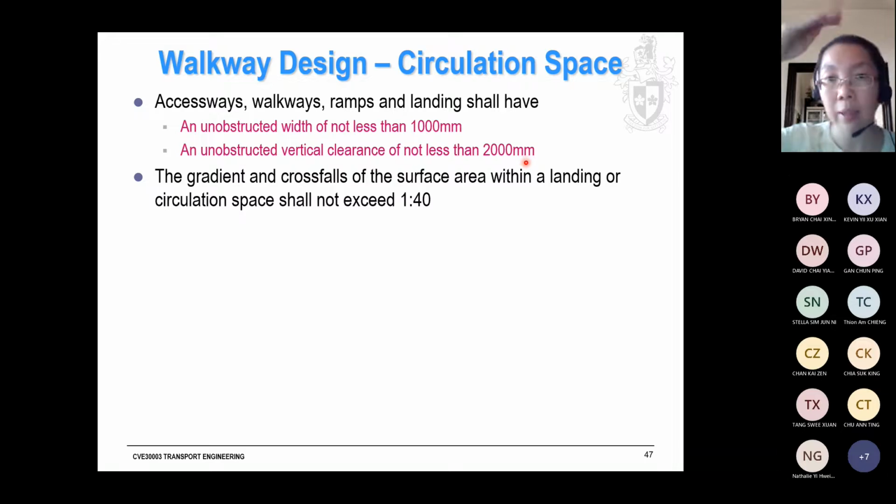So vertical clearance from floor to ceiling, or rather floor to soffit, is 2 meter, and width wise, it's 1 meter. And gradient and crossfall not exceeding 1 in 40. So this is stated.